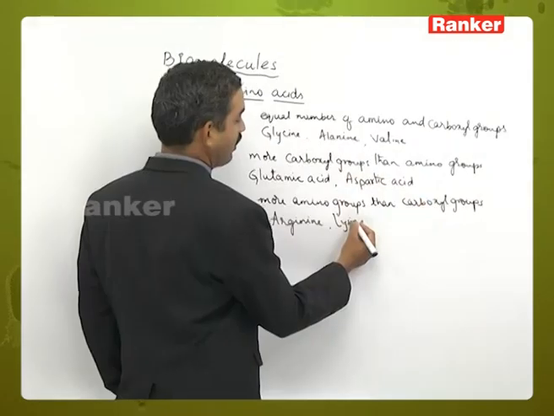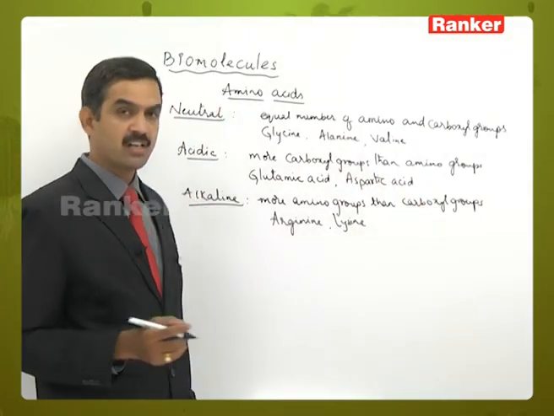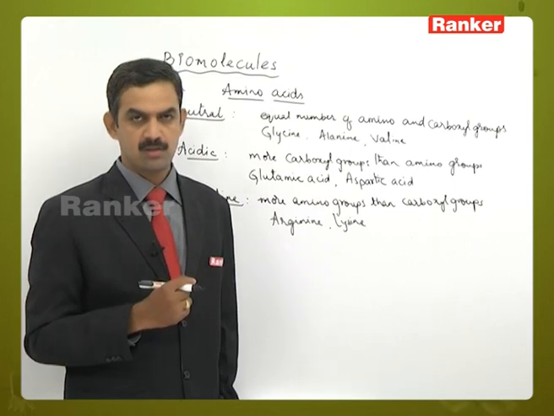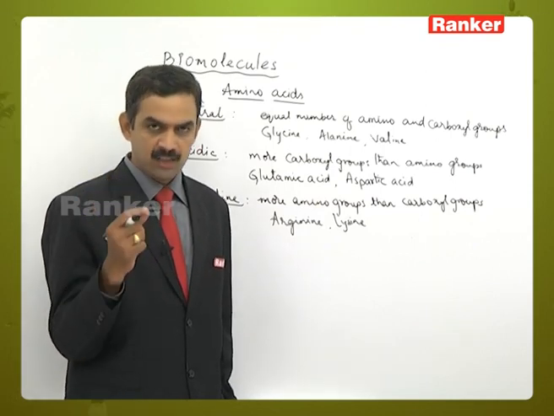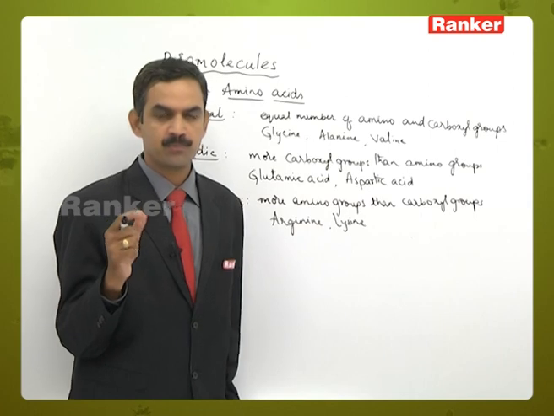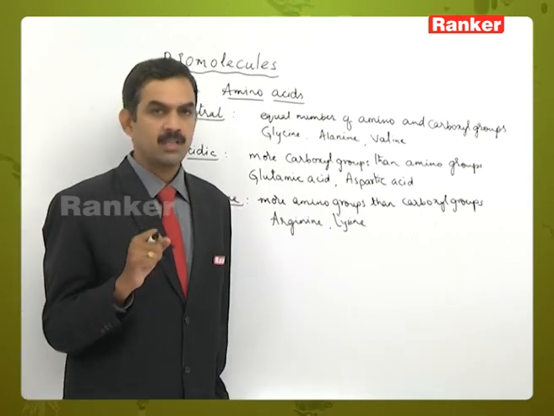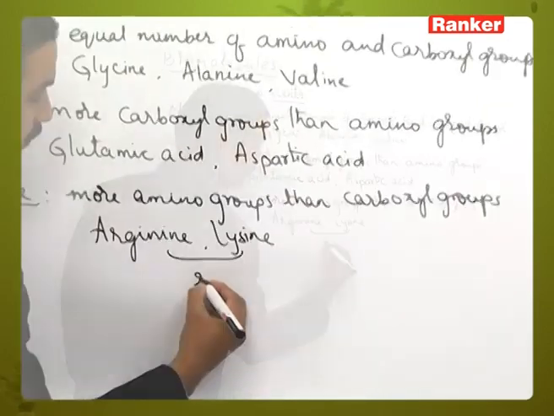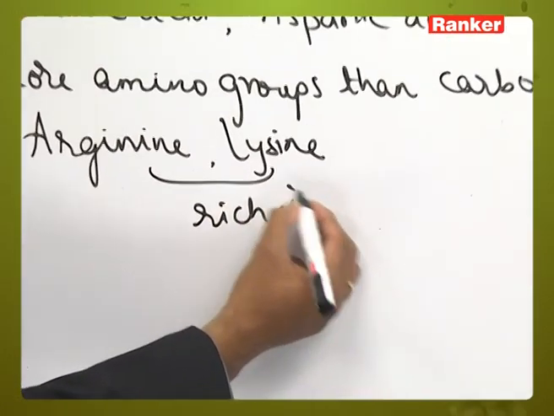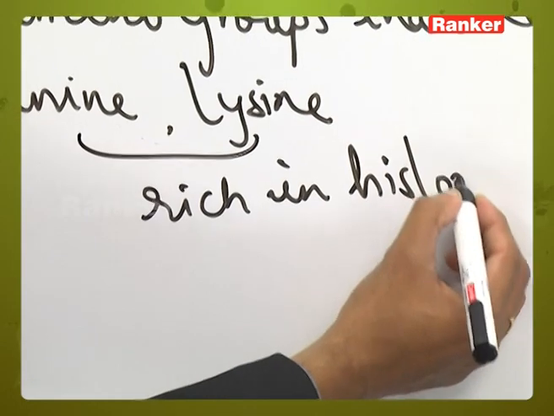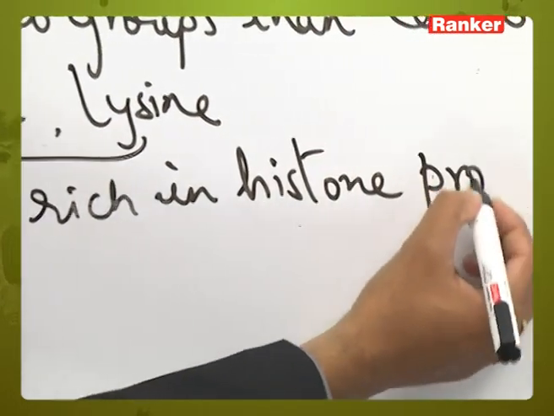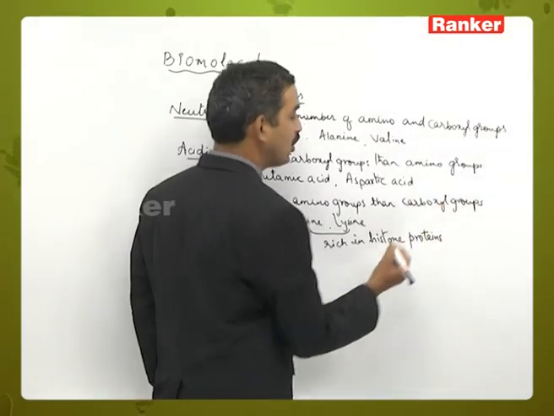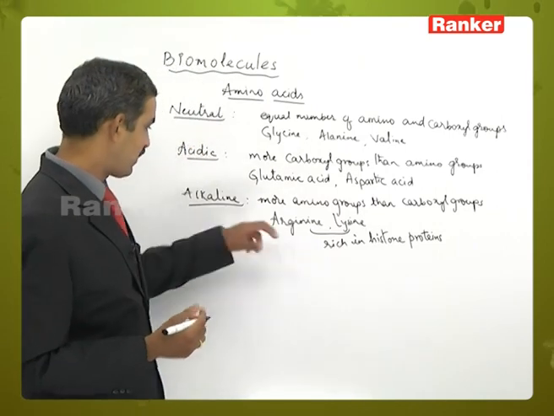Arginine and lysine are rich in histone proteins, and these histone proteins are part of nucleosomes. So that is one nature.